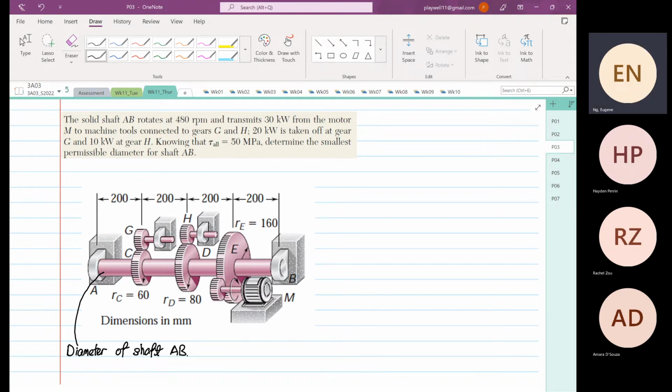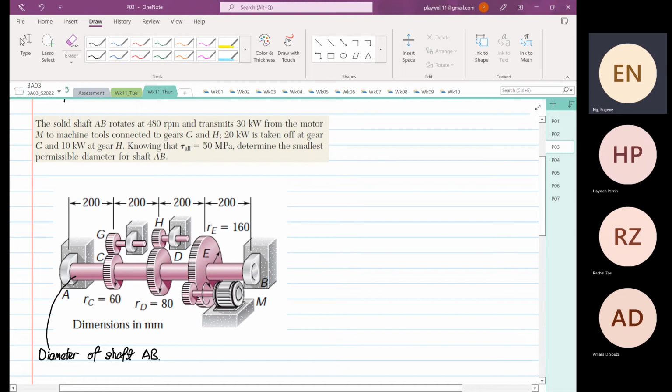Okay. So what we are given down here is that on shaft AB, the N, or N, number of revolutions, we're going to rotate this at 880 revs per minute.